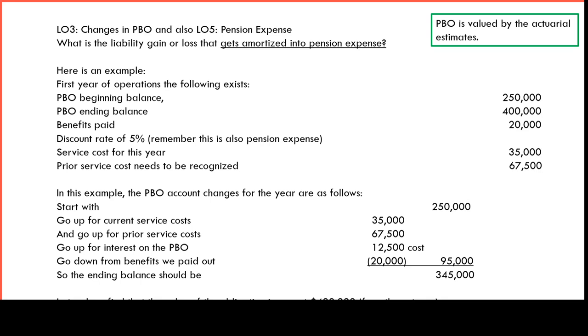if you did this walk forward, you find it should be $345,000, but we find when we go to the actuary that the actuary believes that our PBO obligation as of this balance sheet date, and they're doing the present value calculations just as we did with that one individual, only they're doing this for all the individuals. They come up with 400,000, and we have 345,000 in there.